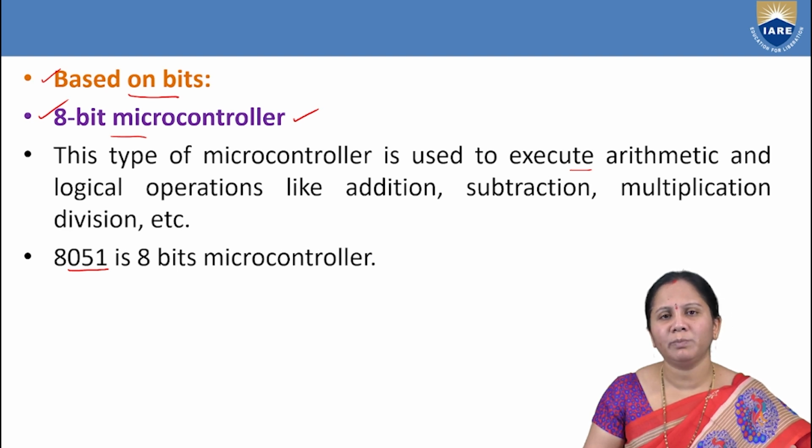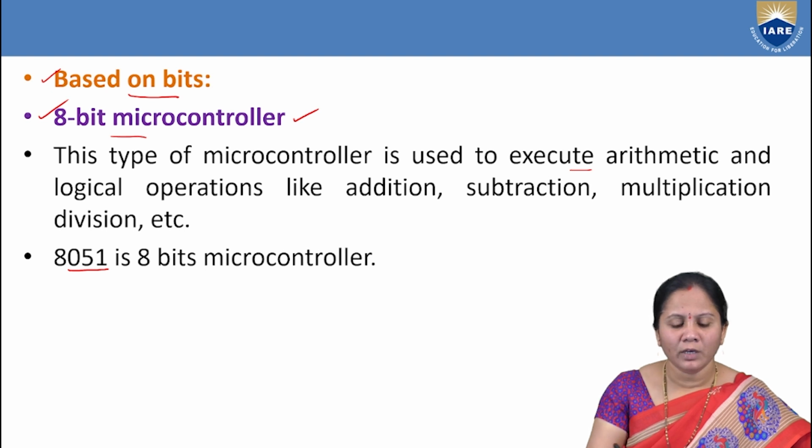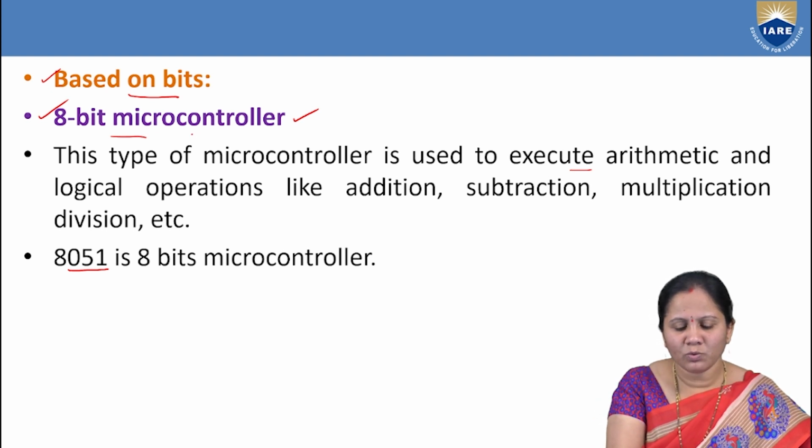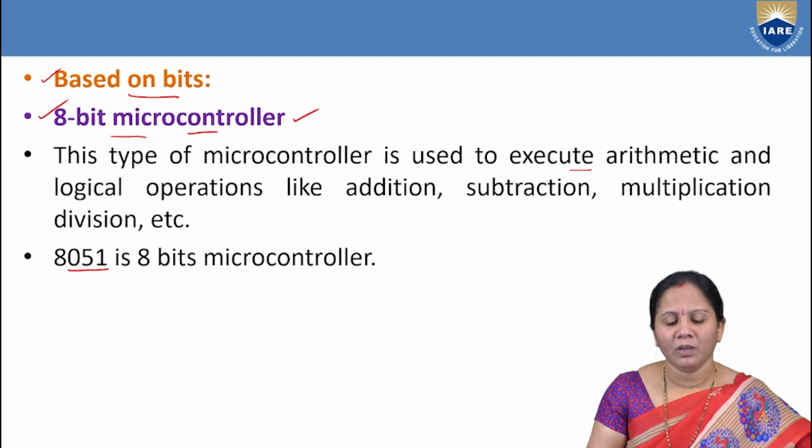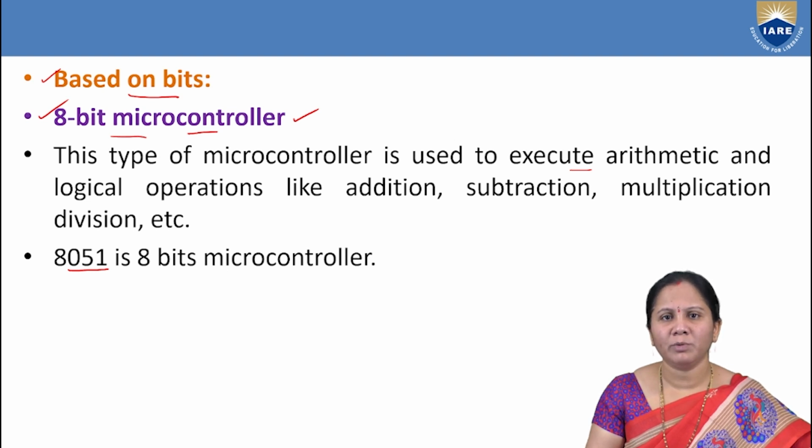We also have 16-bit and 32-bit microcontrollers. But the 8-bit microcontroller is called a simple processor and is used for simple applications, whereas 16-bit microcontrollers can be used for higher applications, and 32-bit microcontrollers can be used for complex applications, because in automatic controlled systems we use 32-bit microcontrollers.